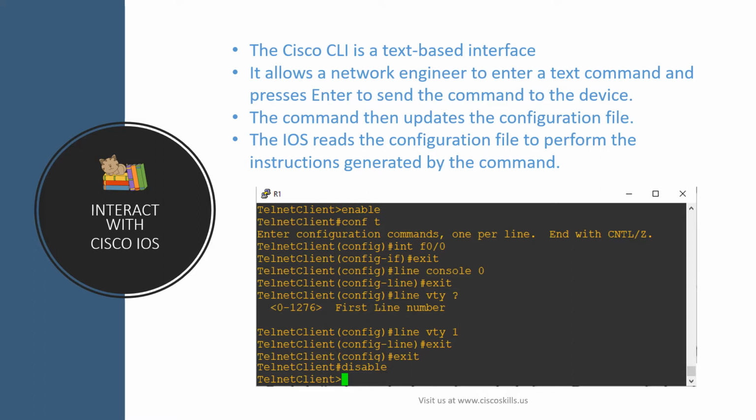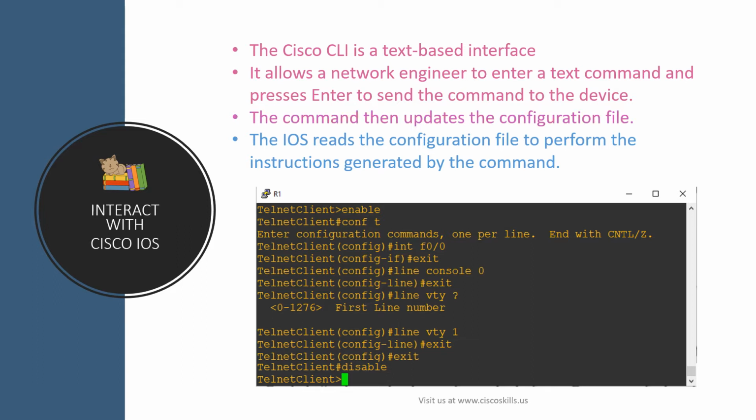Cisco provides us with several tools to interact with Cisco IOS. However, the most popular tool nowadays is still Cisco Command Line Interface or Cisco CLI. The Cisco CLI is a text-based interface. It allows a network engineer to enter a text command and press enter to send the command to the device.